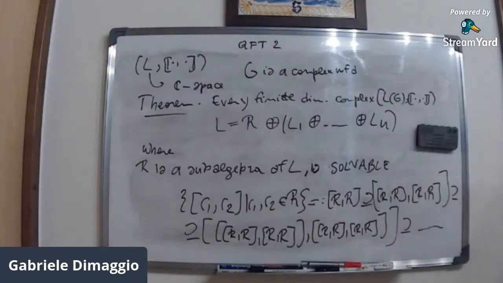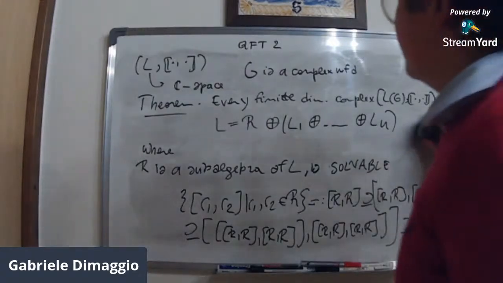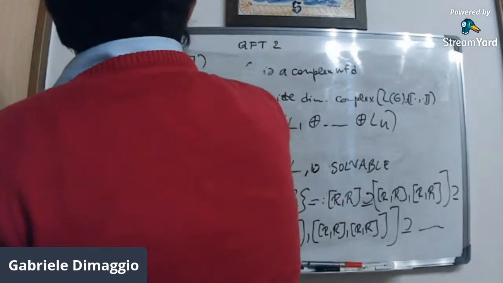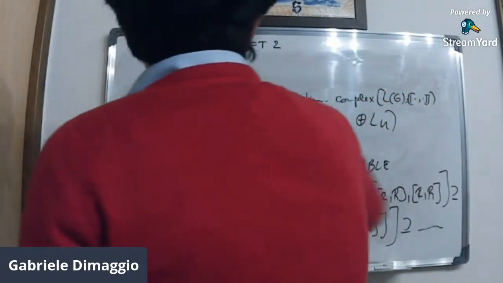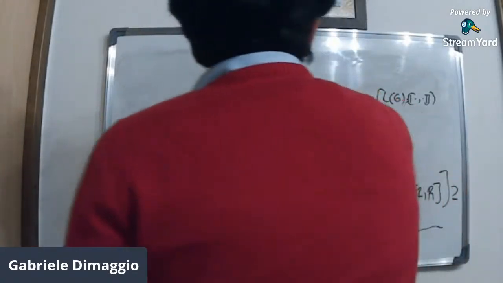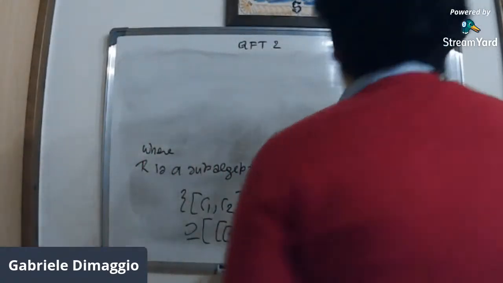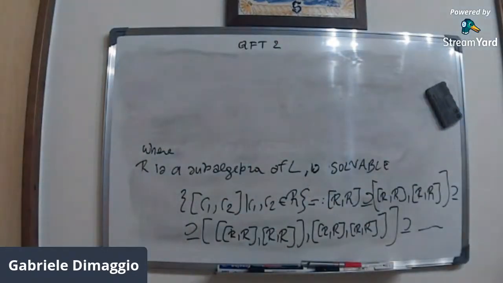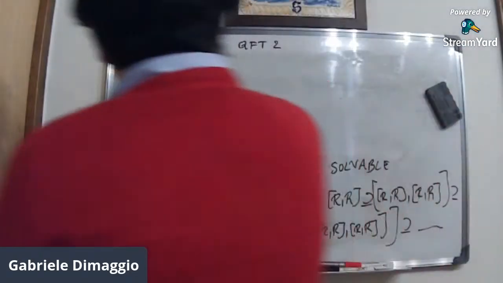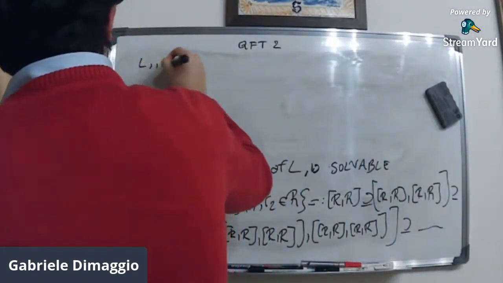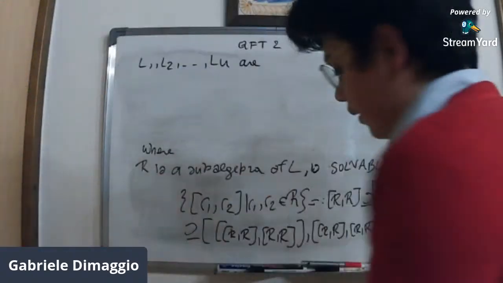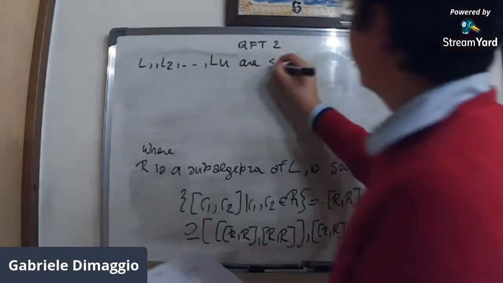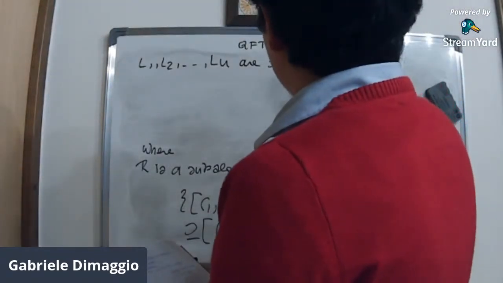In this case, L1, L2 until Ln are called simple Lie algebras.